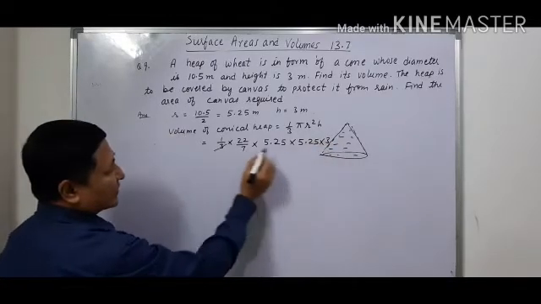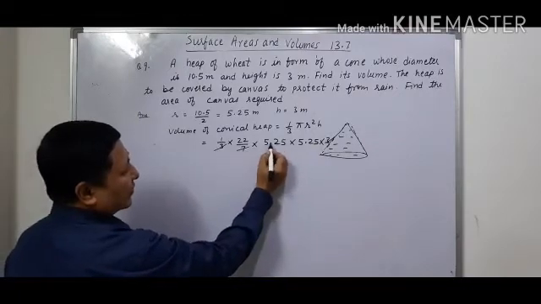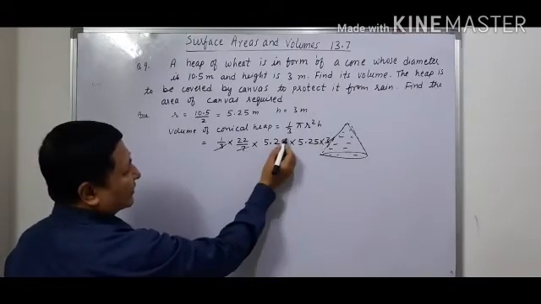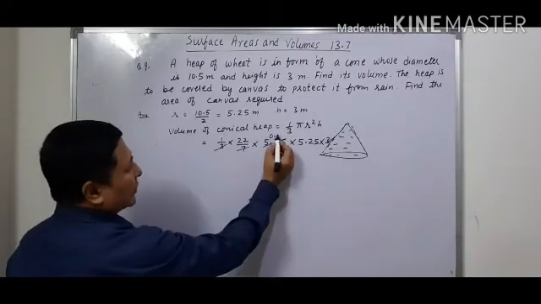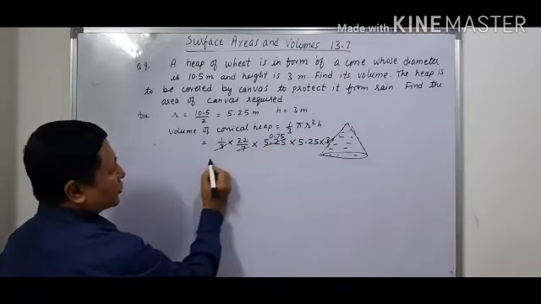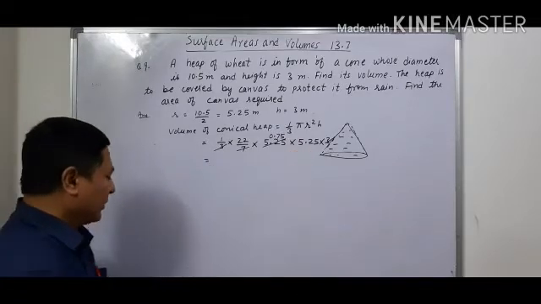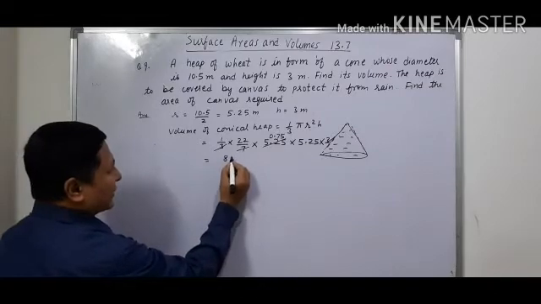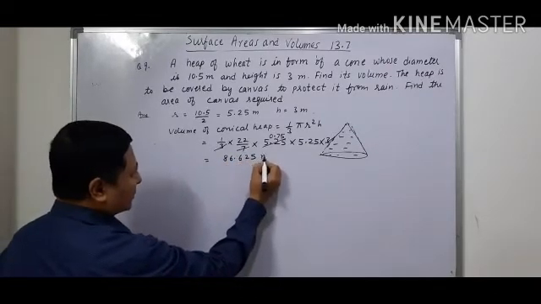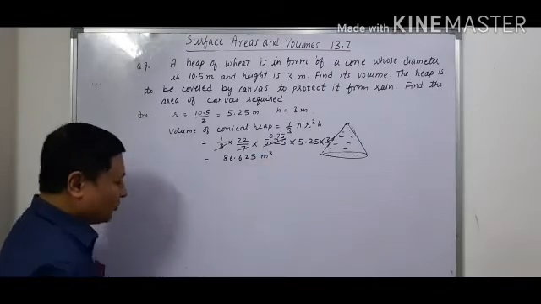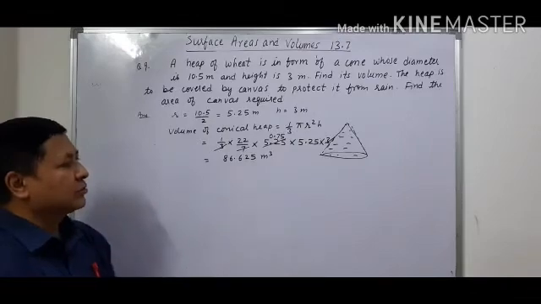So this 3 will cancel with this 3, and if we divide 5.25 by 7, we'll get 0.75. So 22 into 0.75 into 5.25, when we solve this, we'll get 86.625 meter cube. So the volume of the conical heap is 86.625 meter cube.